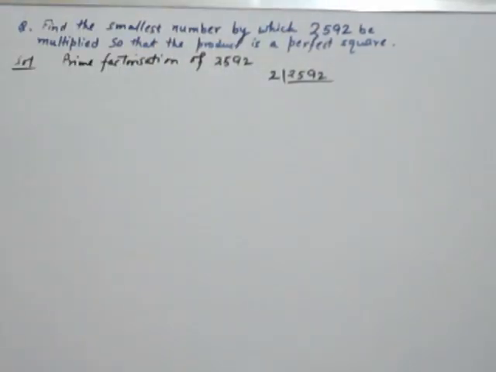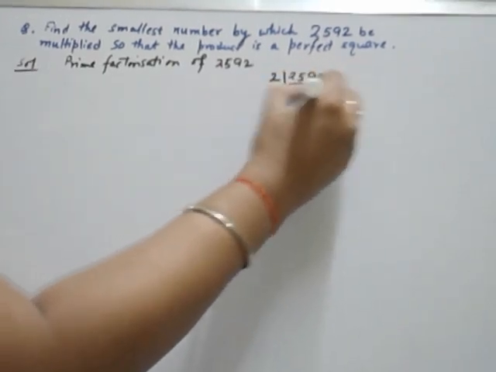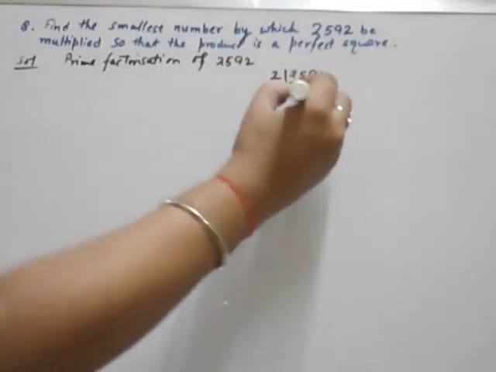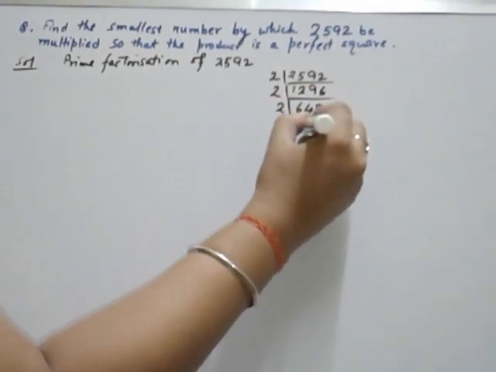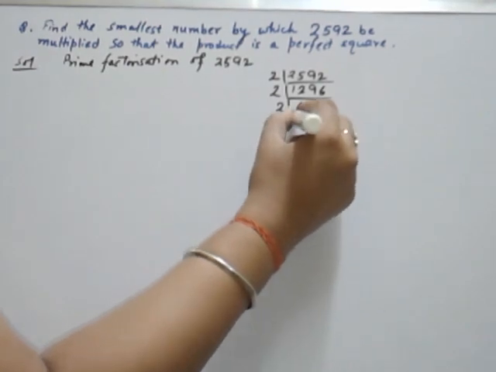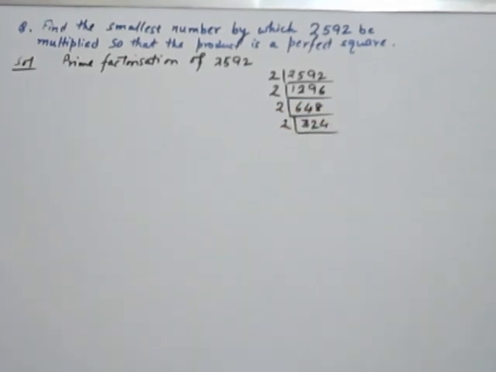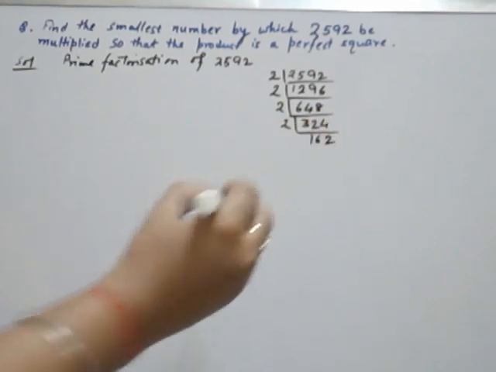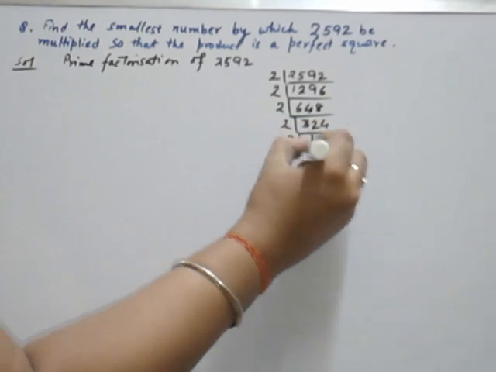Again the last digit is 6, so it is divisible by 2. Again it is divisible by 2. Again if you divide by 2, again you divide by 2.